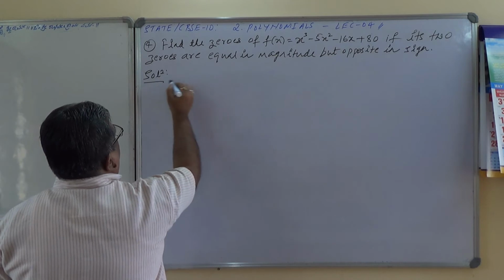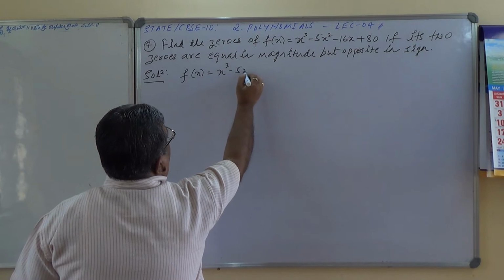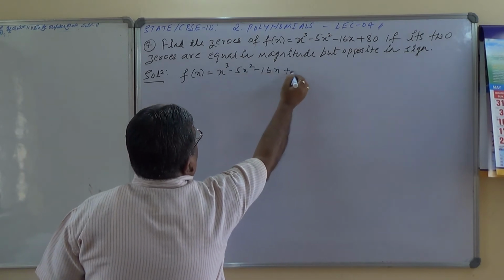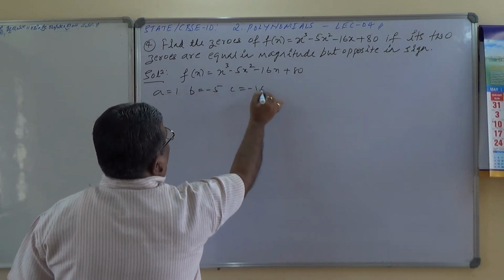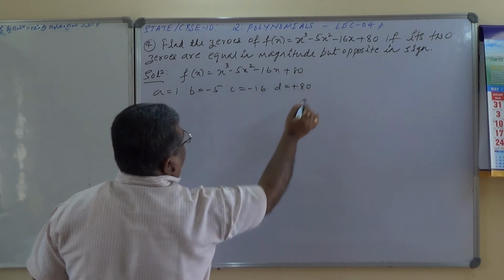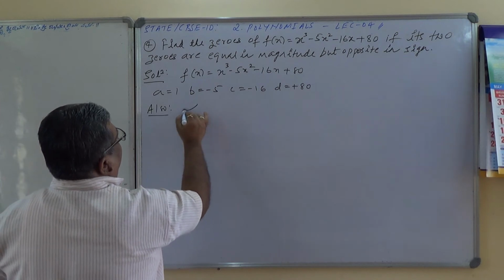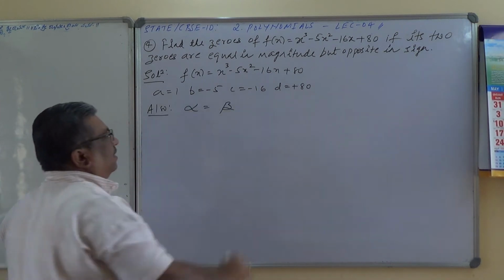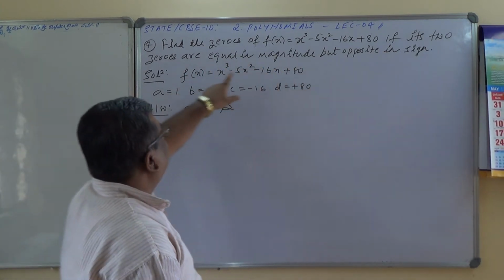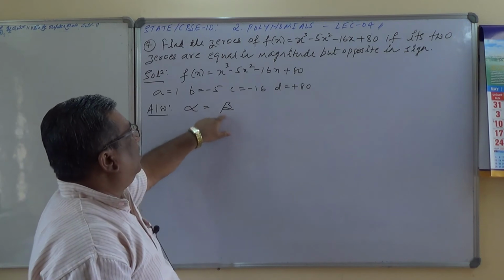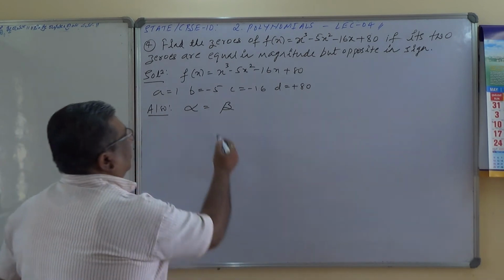Given f of x equals x cube minus 5x square minus 16x plus 80, a equals 1, b equals minus 5, c equals minus 16, d equals plus 80. Also given that alpha equals beta in magnitude, very important: two zeros are equal in magnitude but opposite in sign.